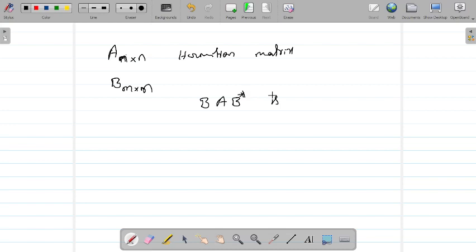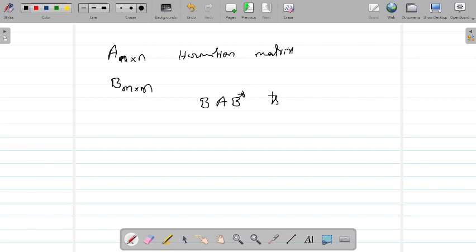You just give me a symmetric matrix and a skew-symmetric matrix, and with that, I can simply write a Hermitian matrix.